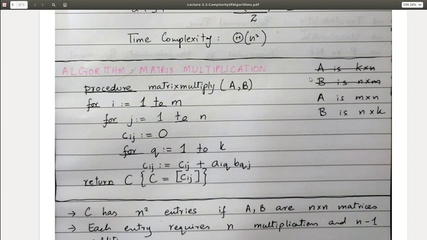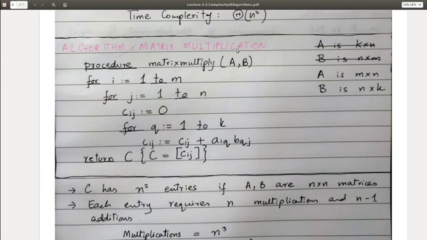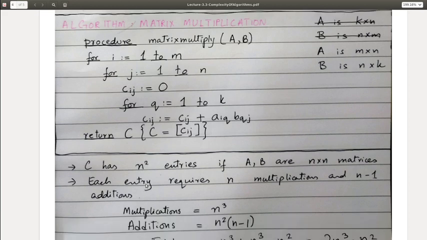Okay, and so consider that these are m steps being done, then n steps being done. This loop will be run m times, this loop will be run n times, and then this loop will be run k times. So if you ask the question, if A and B were the same size, if A was an n by n matrix and B was an n by n matrix, so if you want to make a matrix C which is n by n, it will have n square entries, and let's see how many operations you will need to do.